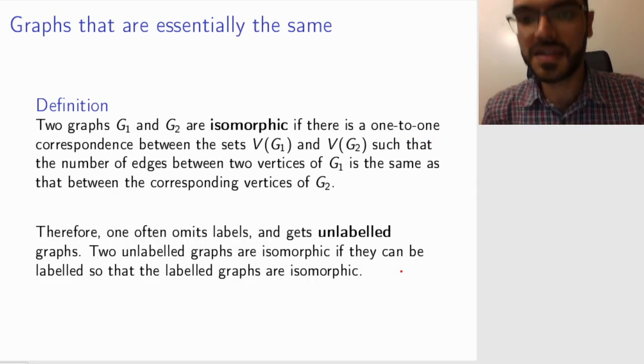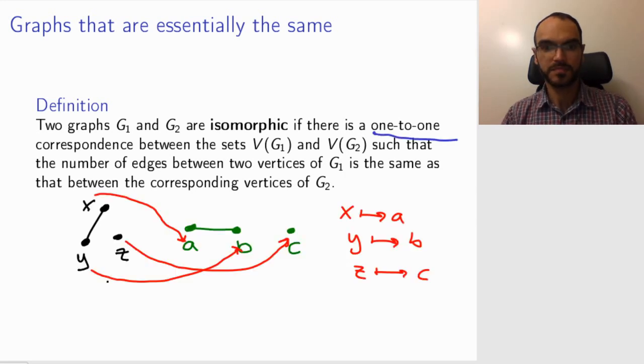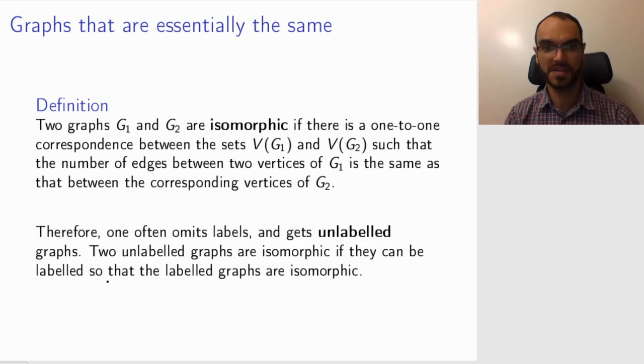So it seems that this business of essentially the same graph is a business of relabeling. I mean, what did we do here with the graph from before? We took the vertices X, Y, and Z, and in the green example, they are labeled A, B, C instead of X, Y, Z. So just changing the names.